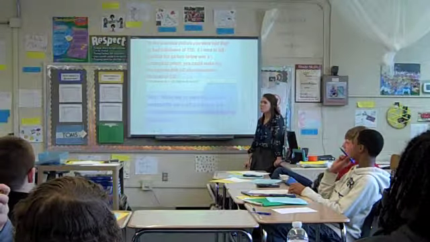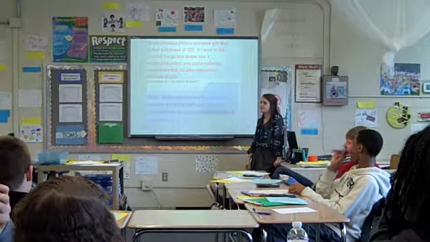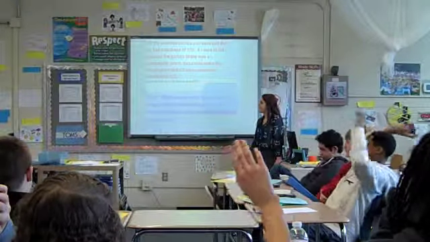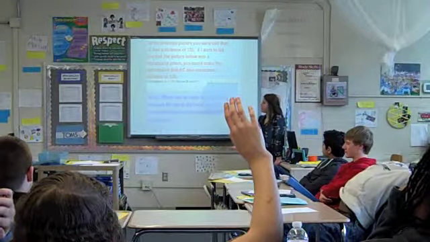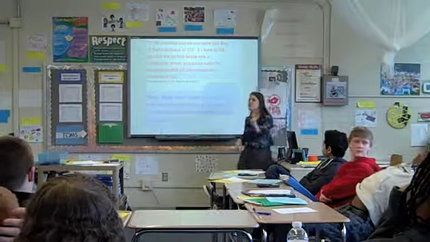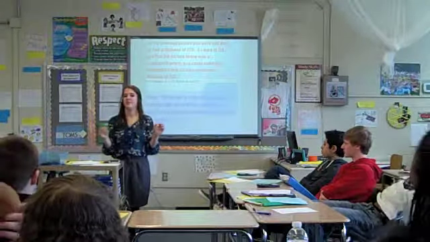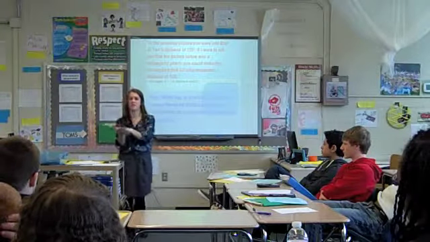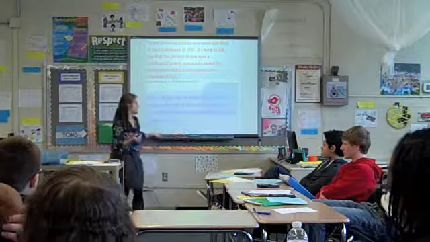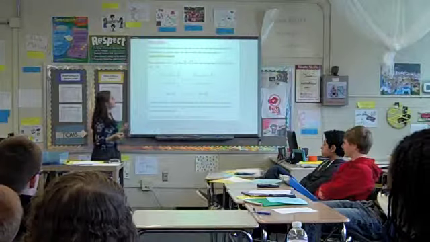Good. So what can we say that line segment is? What does it say down here? Congruent. So when two or more line segments have the same length, the line segments are congruent. We will get into this right now.